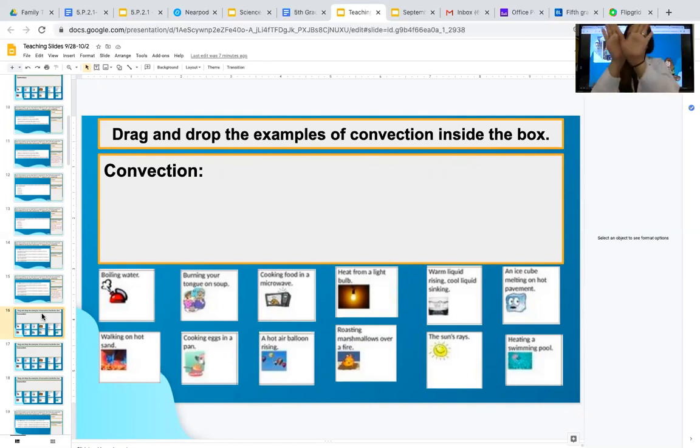Liquids and gases, air and water move in convection currents. All right, Jaquel. Do you see an example of air or water being heated and moving in a convection current?